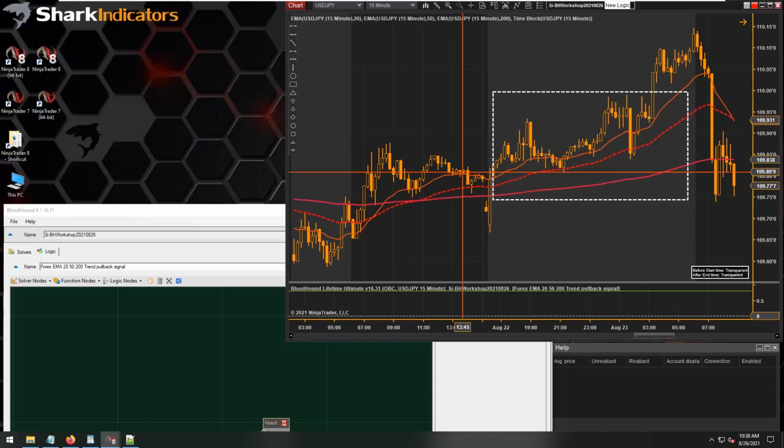A crossover is going to invalidate the signals. So we're using crossovers in an opposite manner. Normally you use crossovers to validate a situation, but we're using a crossover to invalidate the signal.